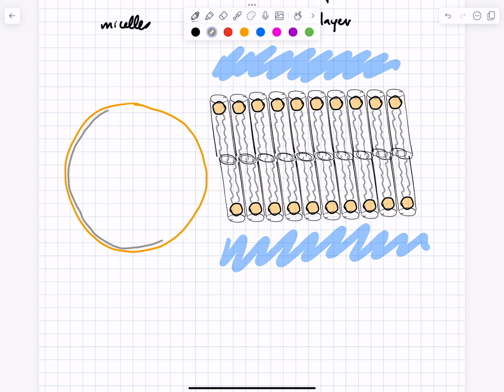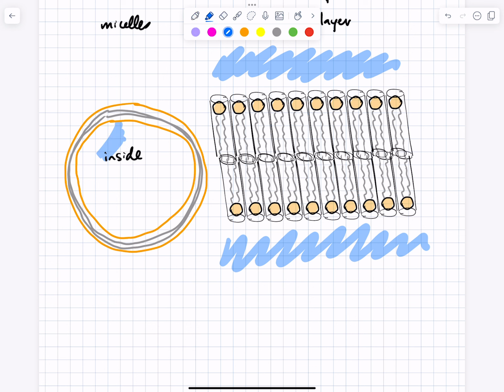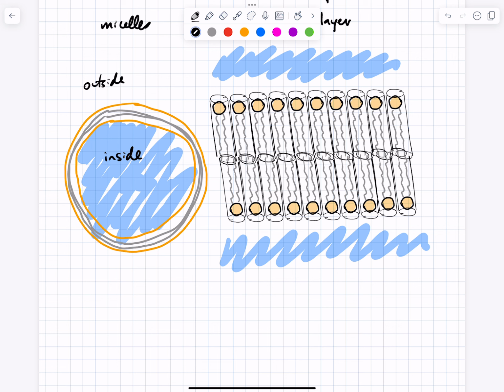Then you've got the two sets of nonpolar tails here. And then you've got an inner polar head group here. That's sort of a horrible drawing of it, but this allows you to have an inside that's full of water and an outside that is also full of water.